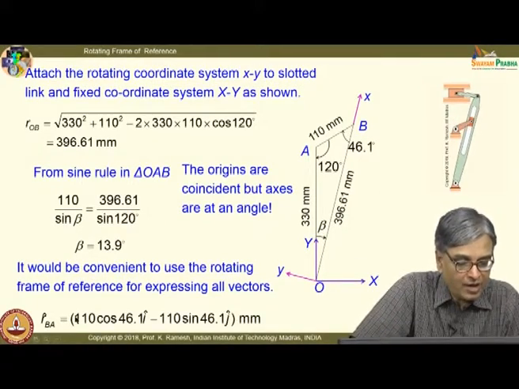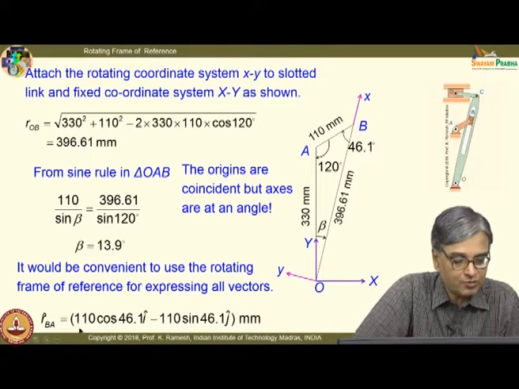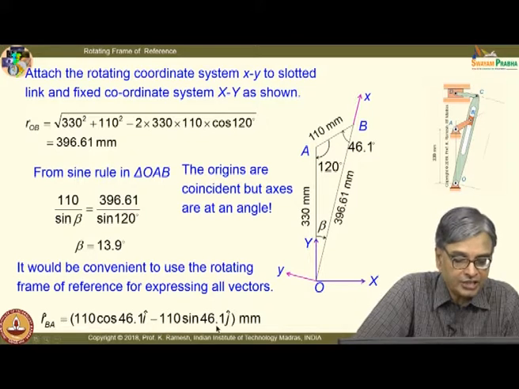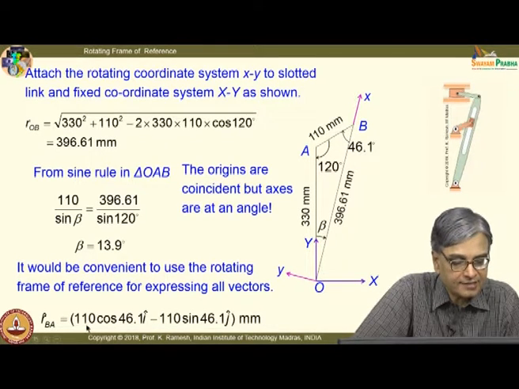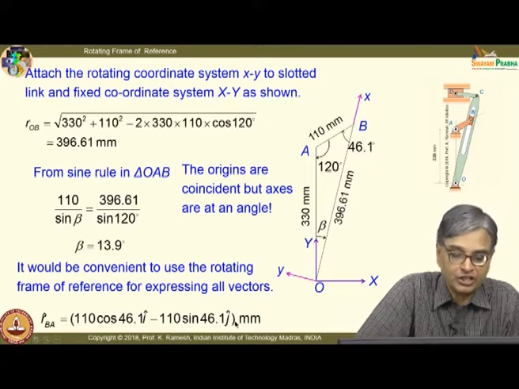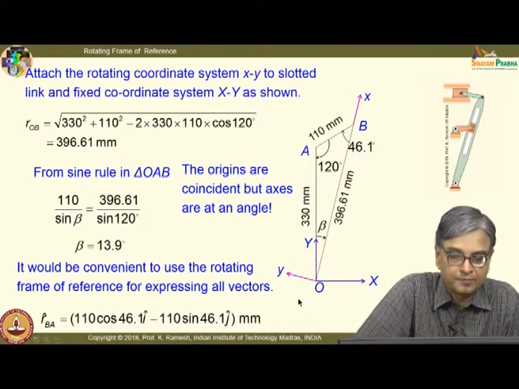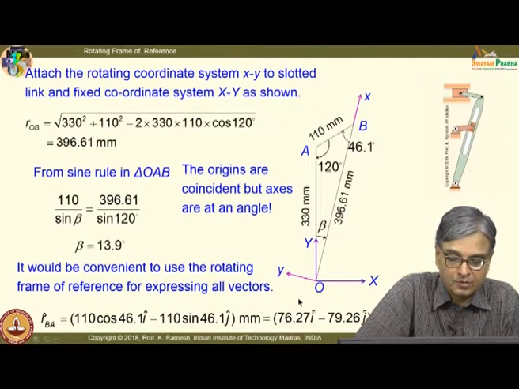So, I will have RAB, this is referred with respect to small i and small j. So, I get this as 110 cos 46.1 i minus 110 sin 46.1 j millimeters. So, that is reduced to this quantity.